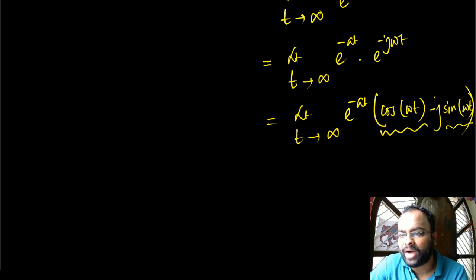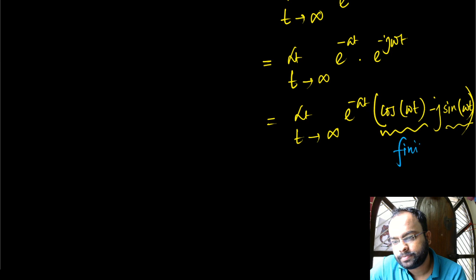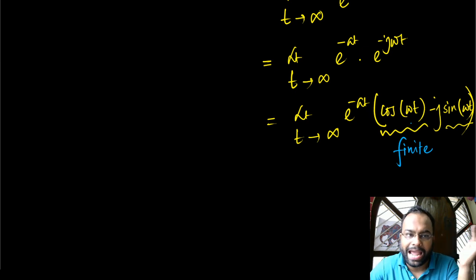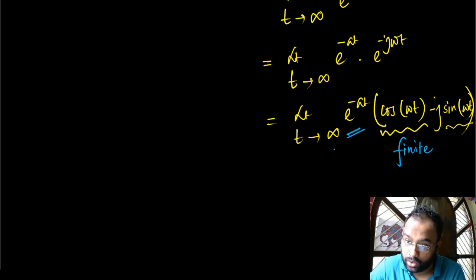So this is a quite finite quantity. Whatever you put in place of omega and t, this value cannot go beyond plus 1 plus j1 and minus 1 minus j1. So it's a finite quantity, but this is not necessarily so for the other factor.